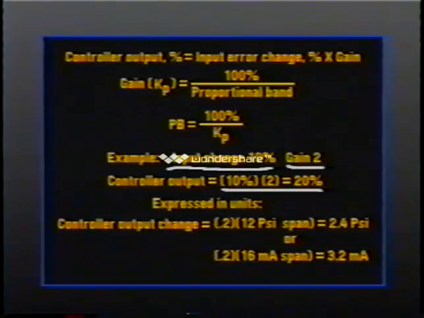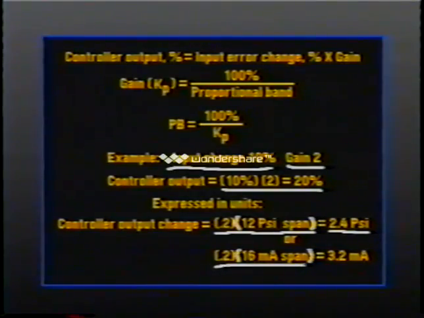If our controller was pneumatic and its output was 3 to 15 psi, its span would be expressed as 12 psi, and the actual output change of the controller would be 20% times 12 psi, or 2.4 psi. Similarly, if it were an electronic controller with a span of 16 milliamps, the actual output change would be 20% times 16 milliamps, or 3.2 milliamps.